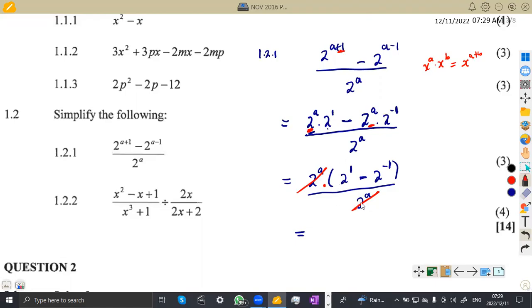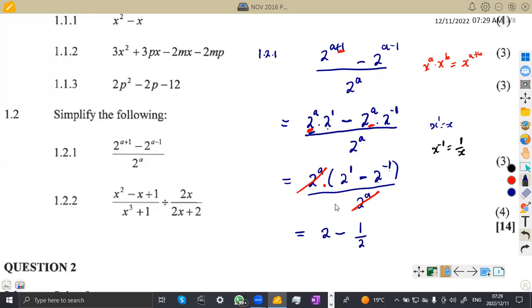So now 2 to the exponent of 1, we know that this is the same as 2, just like x to the exponent of 1 is the same as x. So this will remain as 2 minus 2 to the exponent of -1. Since x to the exponent of -1 is 1 over x, 2 to the exponent of -1 is the same as 1 over 2.